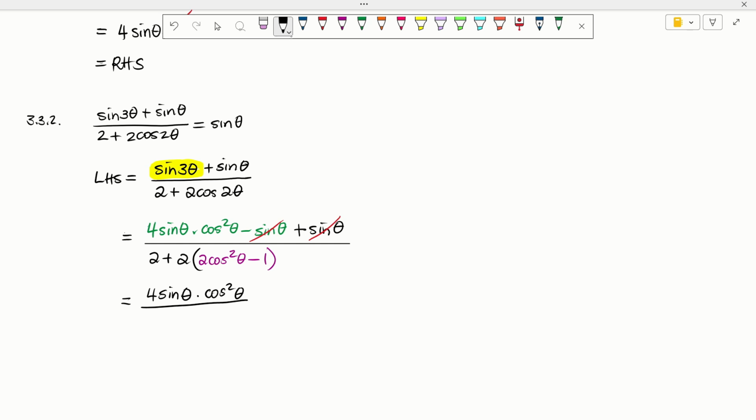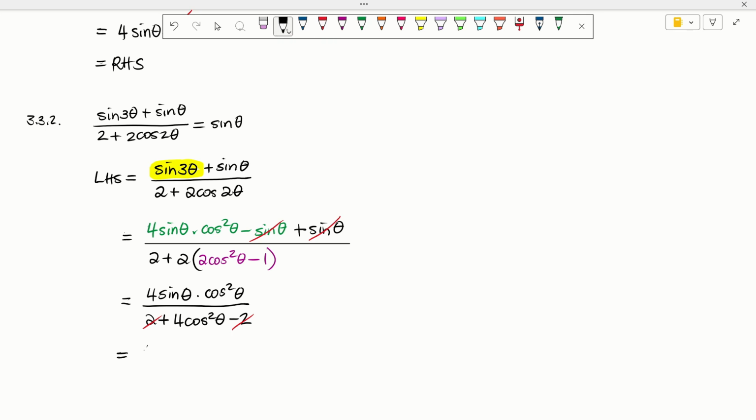On the bottom I have 2 plus 2 times 2 is 4 cos squared theta, and 2 multiplied by negative 1 on the other end is going to be negative 2. Therefore, you can clearly see that the 2 and the negative 2 are going to cancel.